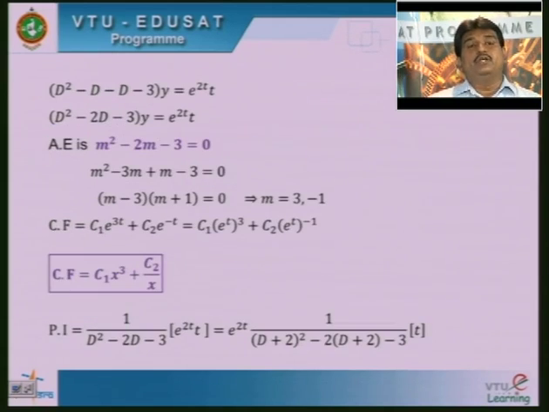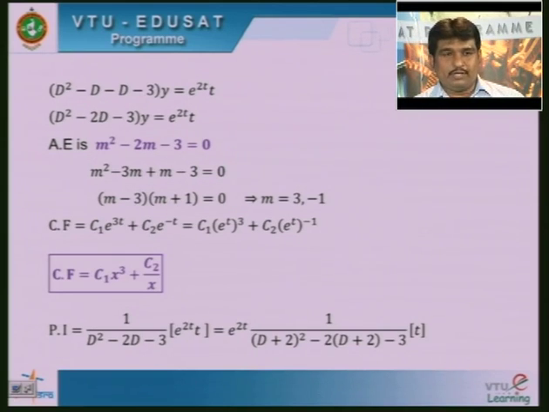Next, D square minus D minus 3 of y equals e to the power of 2t into t. Simplify this to get D square minus 2D minus 3 operated on y equals e to the power of 2t into t. Okay, this is a linear differential equation with constant coefficients.